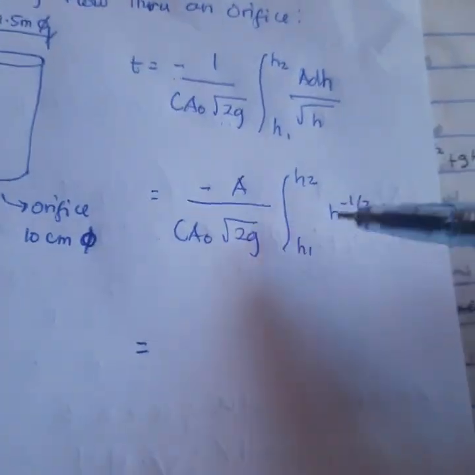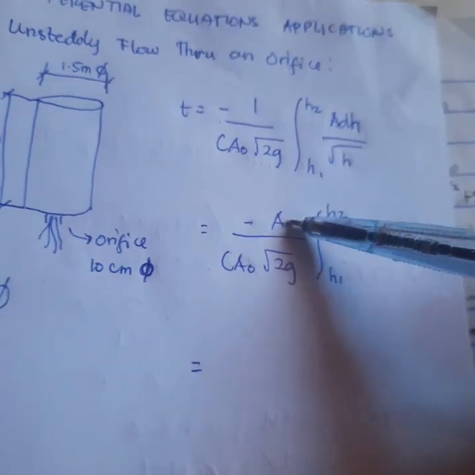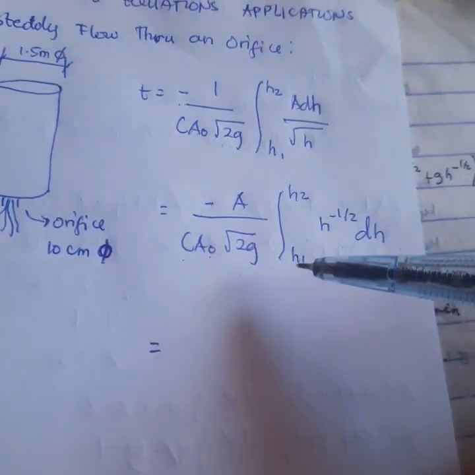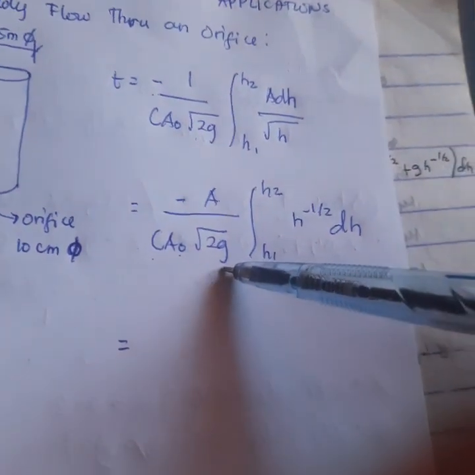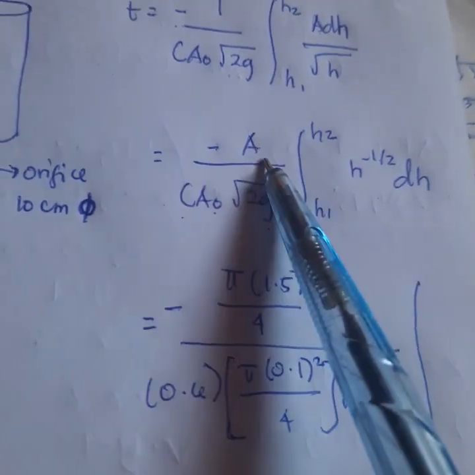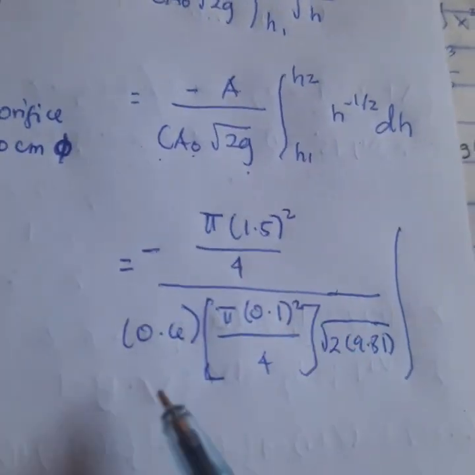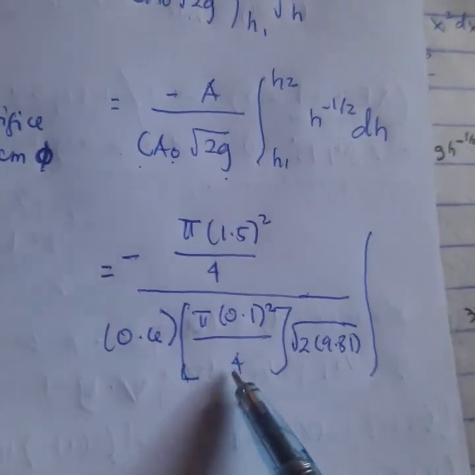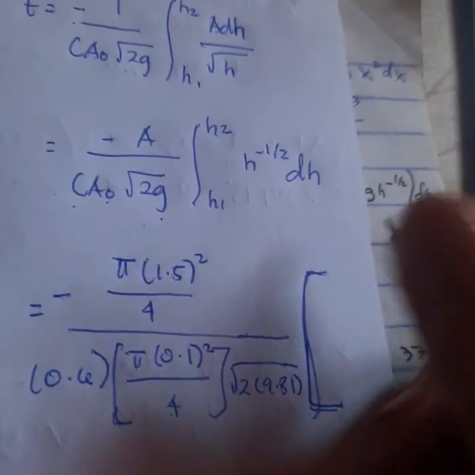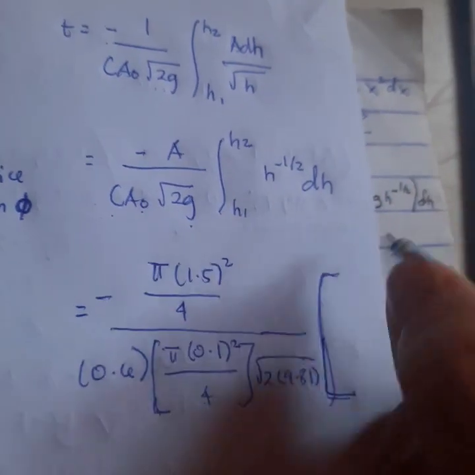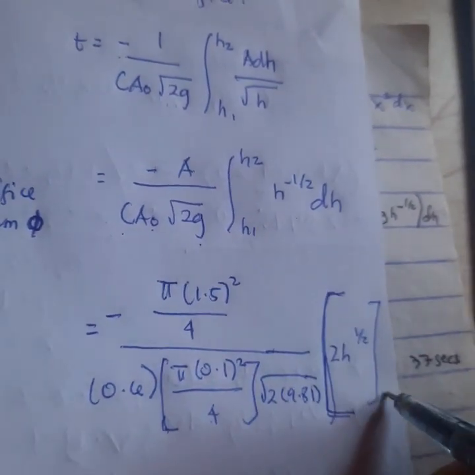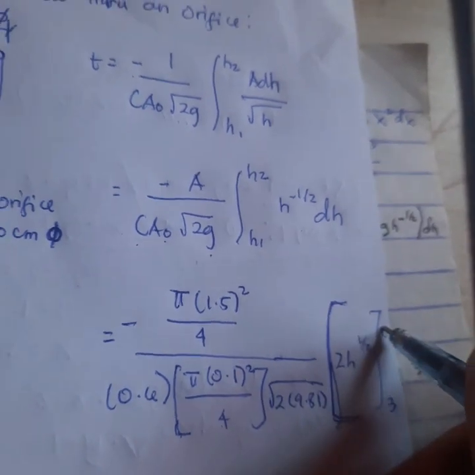So now we're just going to substitute the area of the cylinder, the orifice, then the coefficient of discharge, and then your acceleration due to gravity. Okay, so we substitute the area of the cylinder, the coefficient of discharge, the area of the orifice, and then 2g. The answer is 2 h raised to 1/2 from 3 to 0.